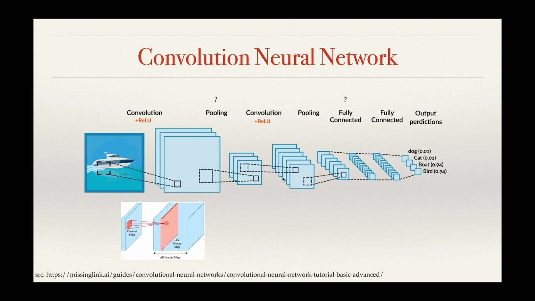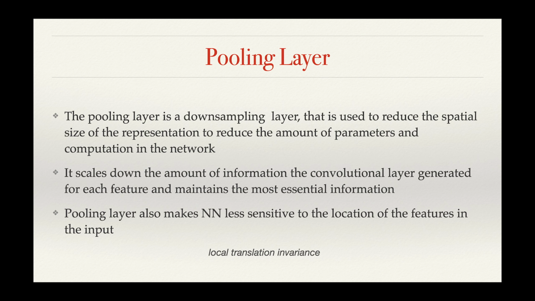This is also the idea of downsampling, because at the beginning we have a lot of unimportant pixels, a lot of redundancy. Along this deep network, we are trying to remove all the noise, all the unimportant features, and keep the important features at the end for the softmax to make the decision. So it scales down the amount of information generated by the convolutional layer for each feature, and maintains the most essential information.